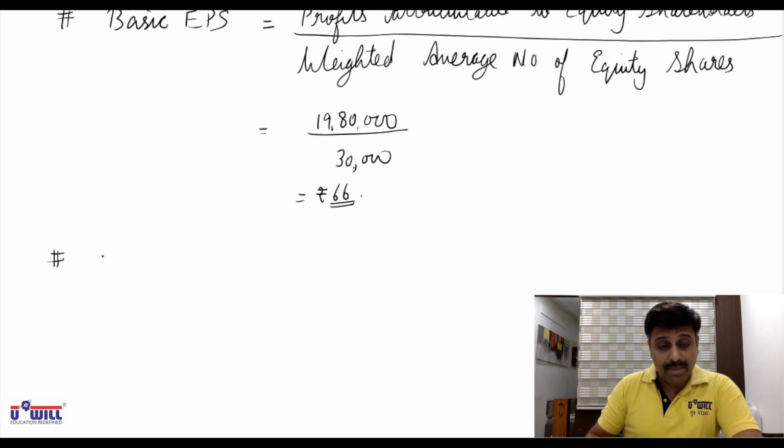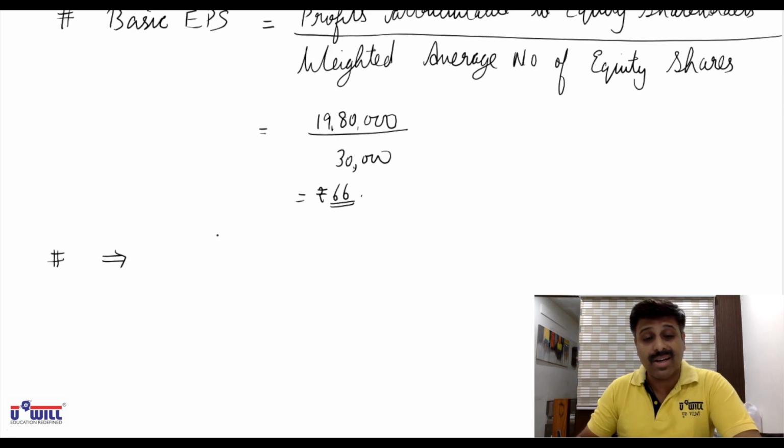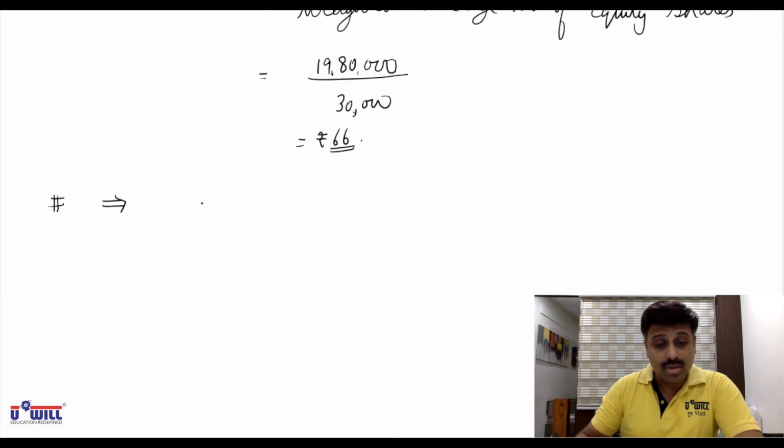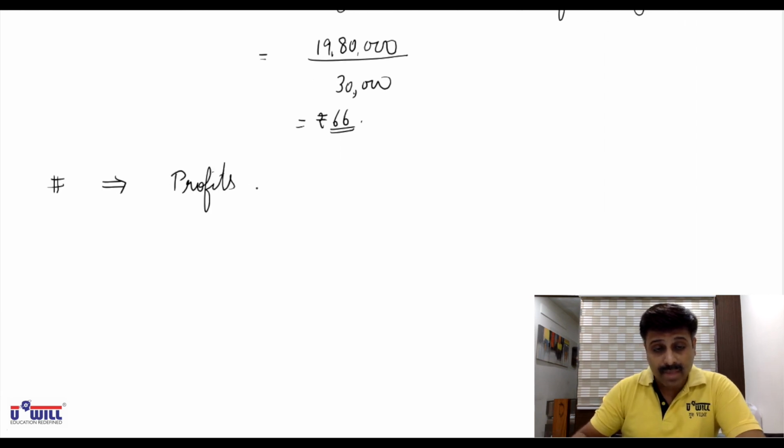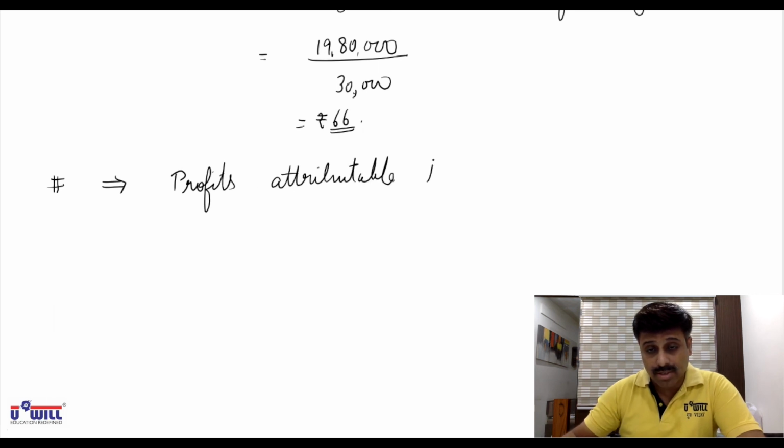Now for diluted EPS, first we will find revised or adjusted earnings. So what are the existing profits? Now we are taking the effects of preference shares. What are the existing profits attributable to equity shareholders?